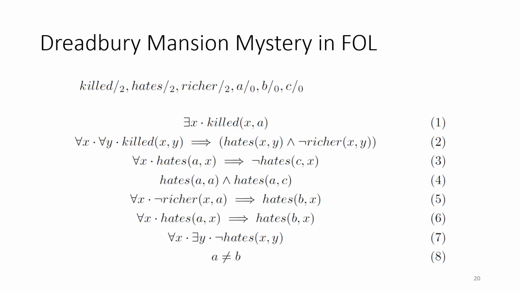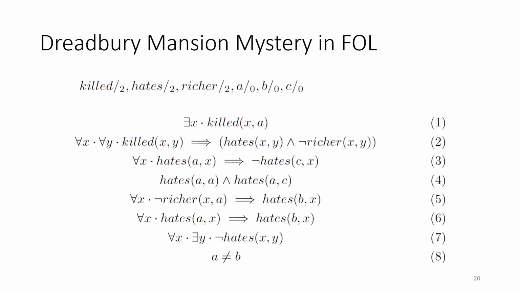Now, if we look back at this thing, we see that this was actually already first order logic. And now we know what these elements all mean. We have some predicate symbols. We have some variables, x and y. And we have some constants. Here, this A was standing for Agatha, that's our constant Agatha, B for Butler, and C for Charles.